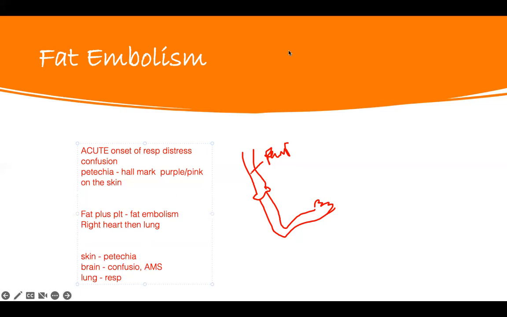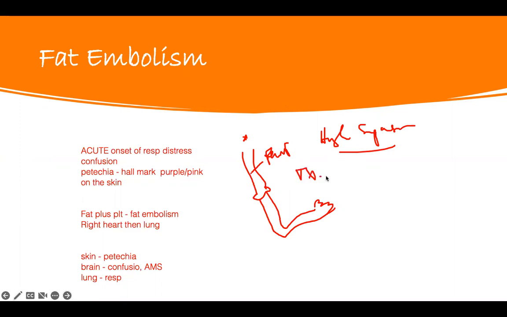Like I said, they will not tell you that, but you have to have high suspicion with this disease. Long bone fracture, all of a sudden having these symptoms, you have to worry about fat embolism.